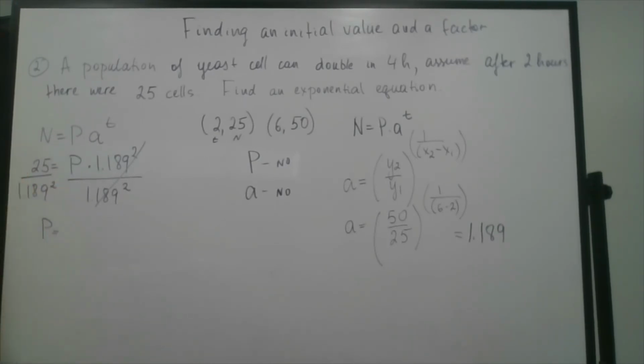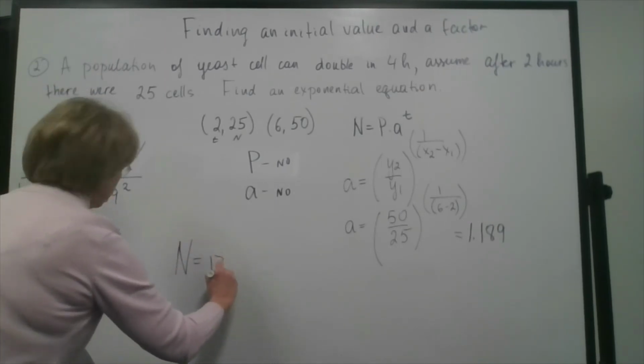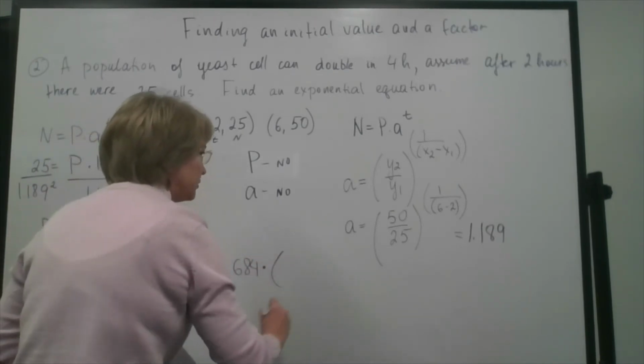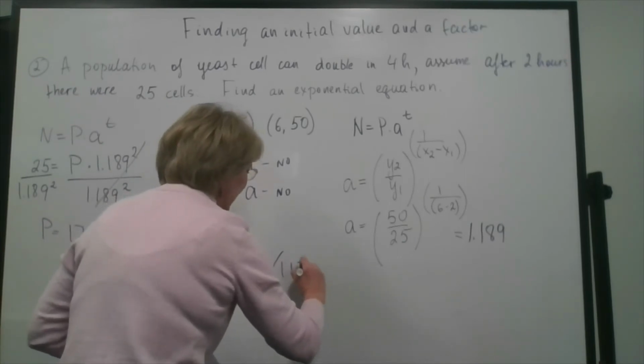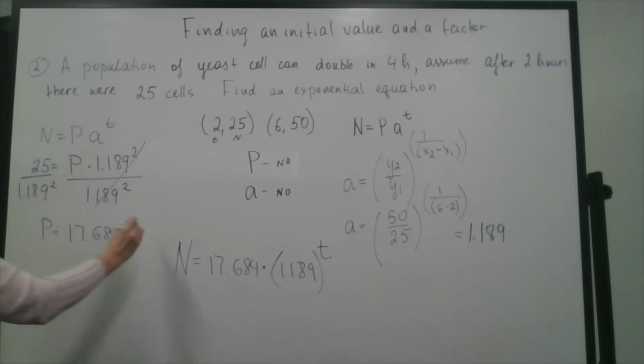Again, type it nicely on the calculator. 25 divided by 1.189 to the second power, and the answer will be 17.684. So now we know our initial value, we know our factor, and we are ready to write the equation down. N is equal to 17.684 times parentheses 1.189 to the t power. This is our equation.